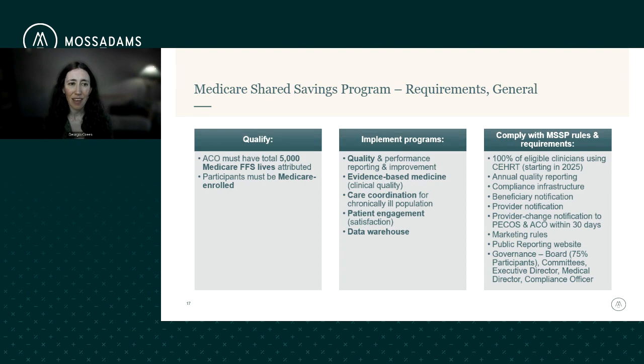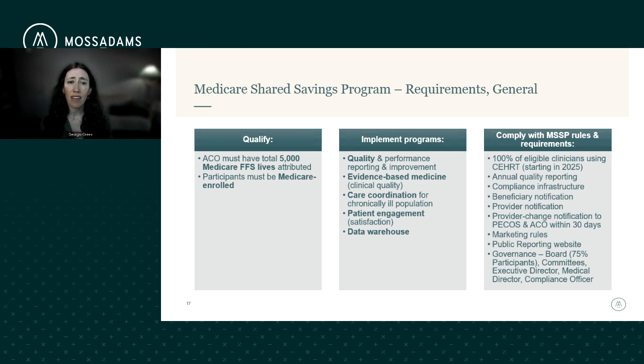I'm not going to read all of this, but there are certain things you need to comply with this program, but it is quite flexible. You do have to have a total of 5,000 Medicare fee-for-service lives. So that's why you'll see a lot of these aggregator ACOs out there, the Caravan Healths and the Alidades of the world that are bringing together smaller practices, smaller health systems that can't meet that threshold by themselves and putting them together in groups.